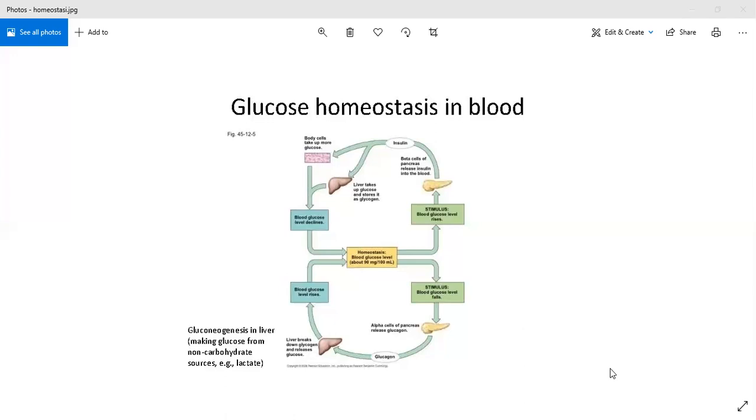Okay, so we also talked about the movement of sodium ions and potassium ions. In what direction do sodium ions move? And what will happen to potassium if sodium moves in that direction?